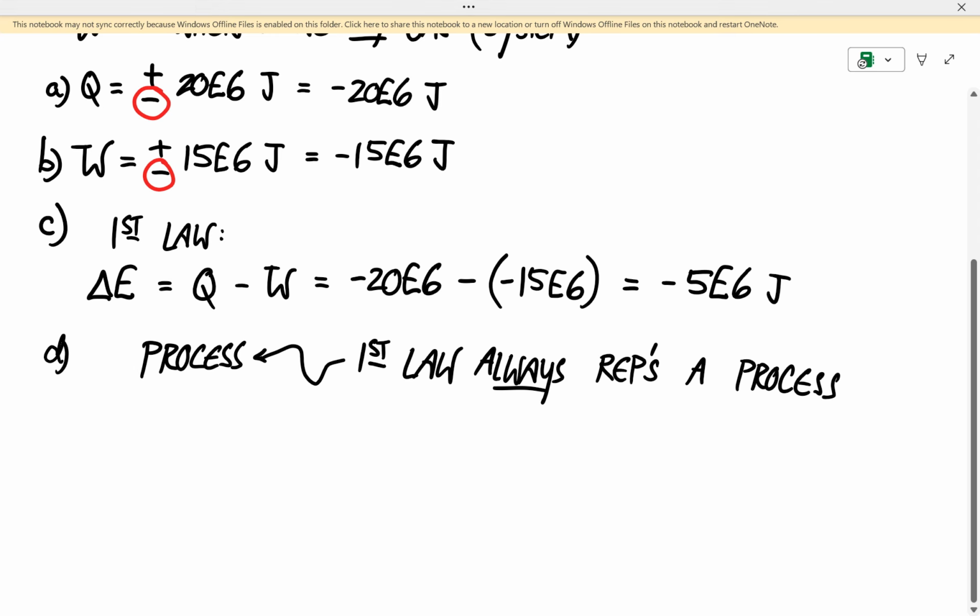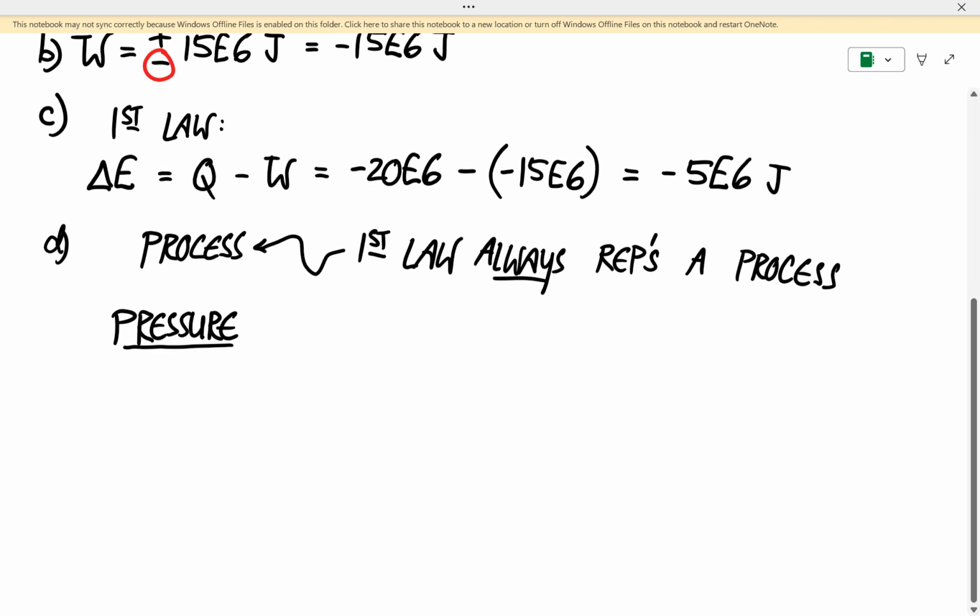So today we're going to get into pressure and temperature. I'm going to start by defining pressure. Often you'll have fluids applying pressures to solid objects.